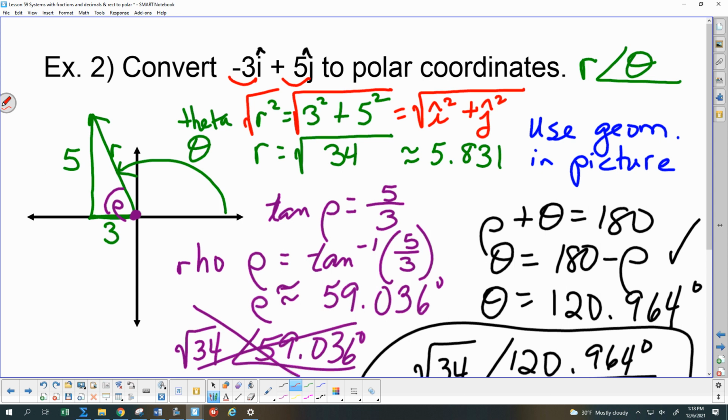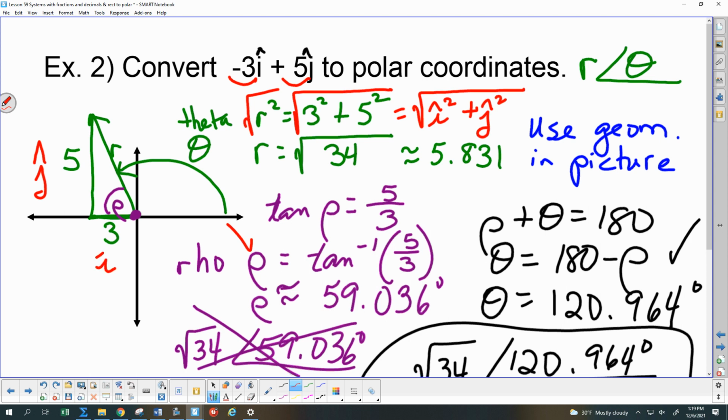Also notice when we did that, rho was the inverse tangent of 5 over 3. Whenever we draw these pictures, j hat is always going to be the vertical part. No matter which quadrant we're in, the vertical part is always going to be opposite.